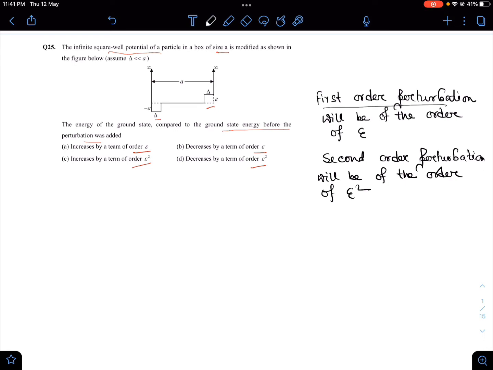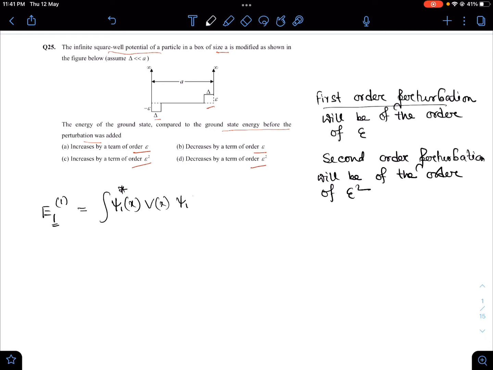We know the first order perturbation to any state; for the ground state we denote it by 1. So for the ground state, it is the integral of psi1 squared times the perturbation, which we denote by V, a function of x.